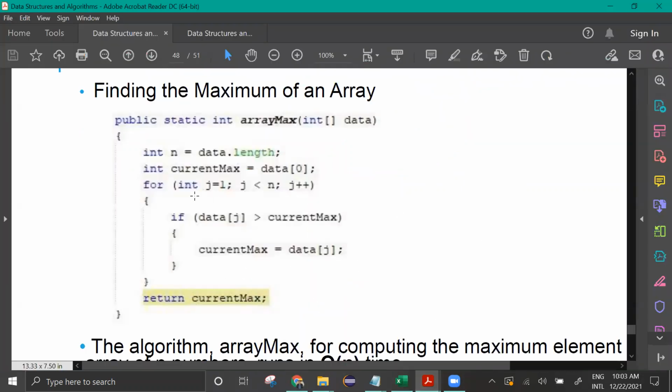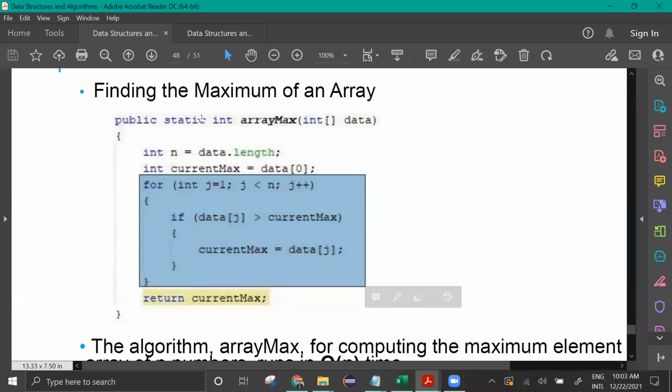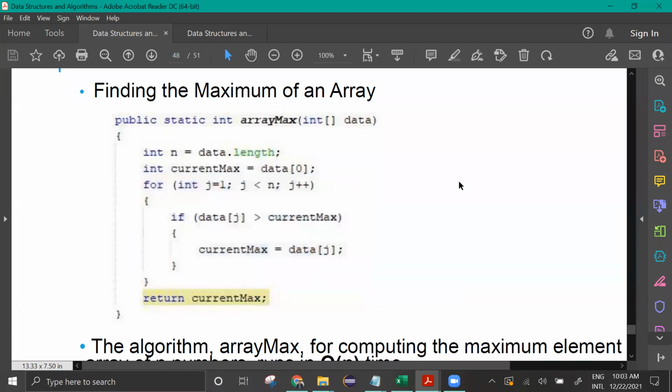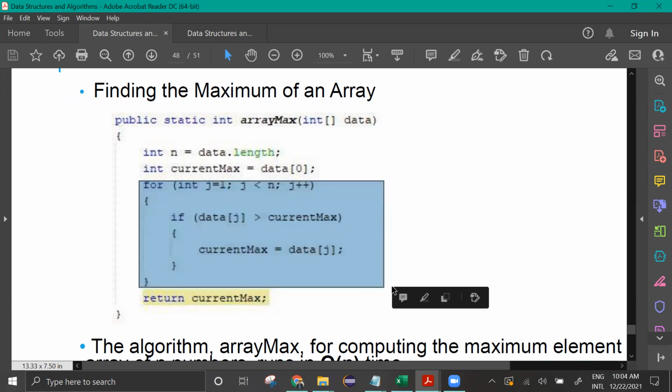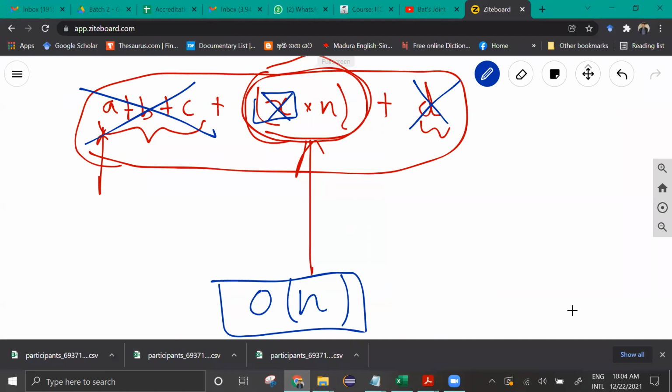Okay. So if we have a loop, we have to look closely, because this is where it takes time. Suppose you remove this loop from this program, then it will all be constant time, and that is what becomes big O 1.